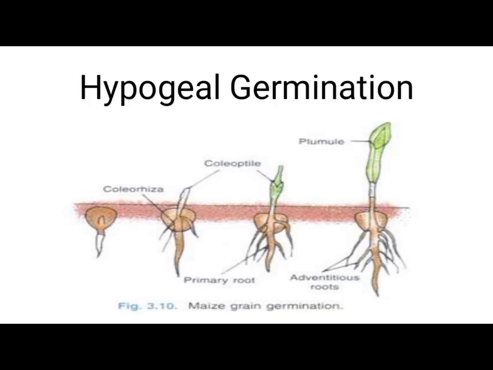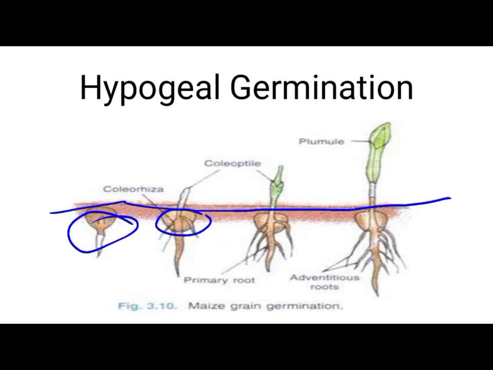This is a very good example of hypogeal germination. You can see that this is the level of the soil. You can see the seed planted, and after the seed has been planted, you see the radicle growing downward as the root, and then the shoot growing upward.